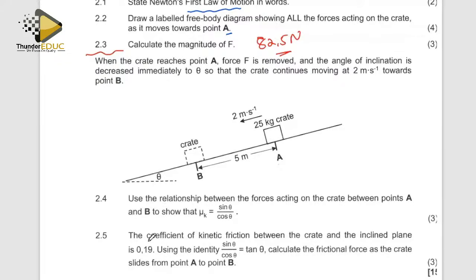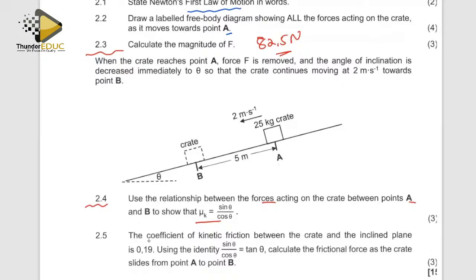Now they're asking us to use the relationship between the forces that are acting on the crate between point A and point B to show that the mu k, the coefficient of friction, is given as this.